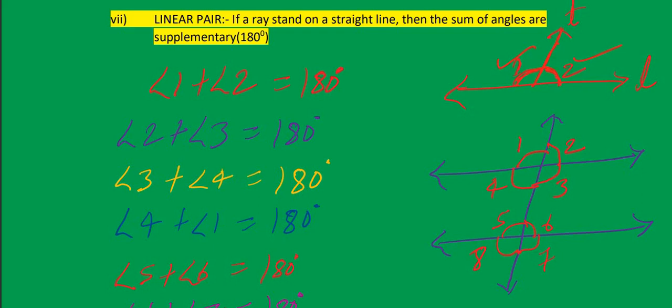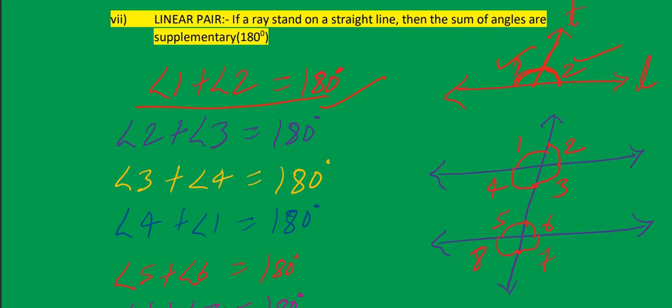If we add these angles, we will get 180 degrees, since it is a ray on the line. That's why it is called a linear pair of angles. So angle 1 plus 2 will be 180 degrees. The same property will be applied in transversal and parallel lines also.